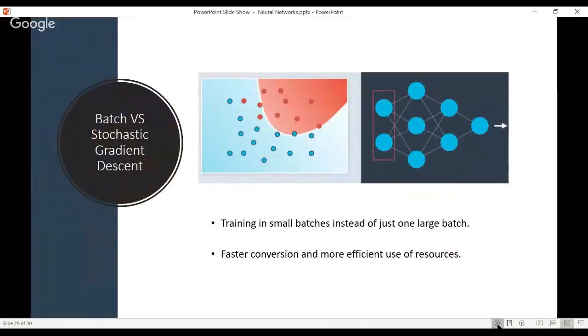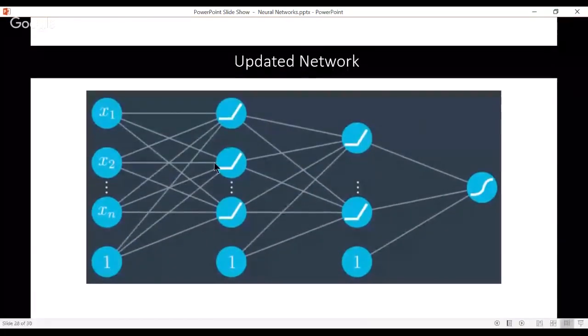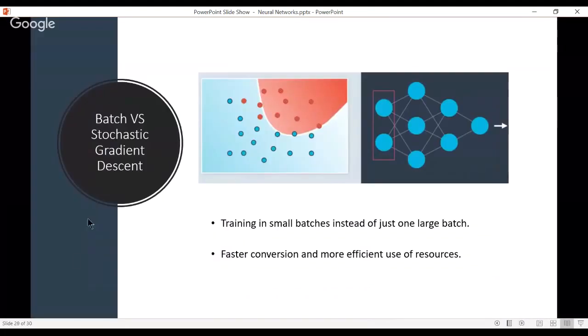So we are almost at the end. This is how the updated network looks. There is another improvement in neural networks, which is to use stochastic gradient descent.